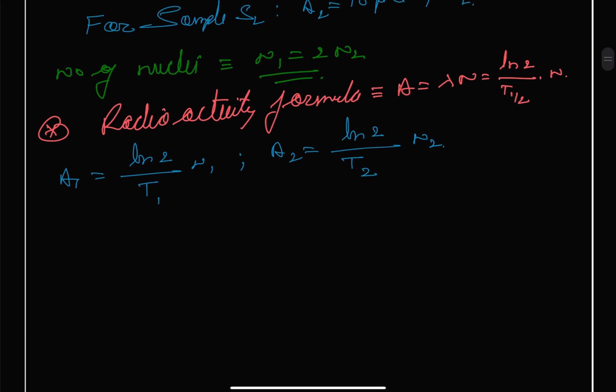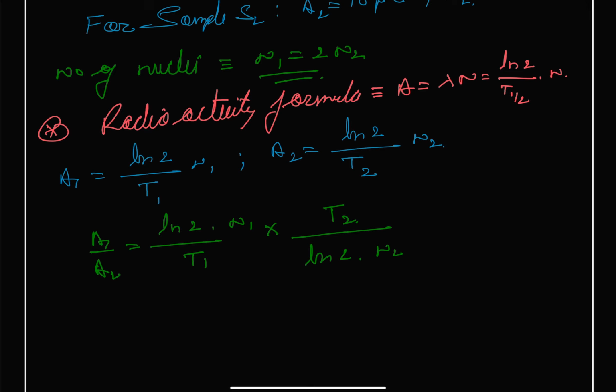If we take their ratio, we can write A1 upon A2 will be equal to natural log of 2 multiplied by N1 divided by T1, over natural log of 2 multiplied by N2 divided by T2.